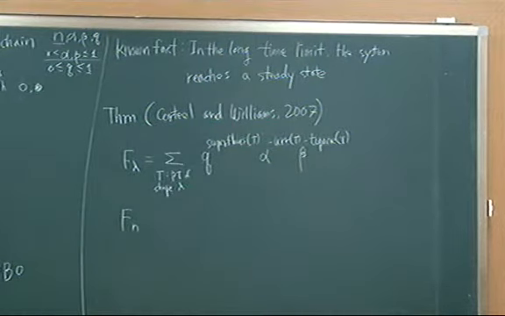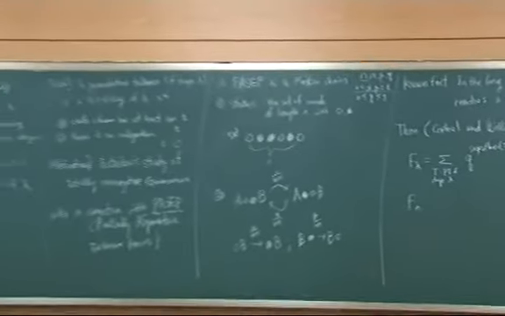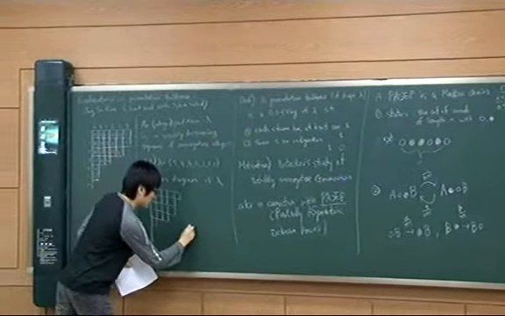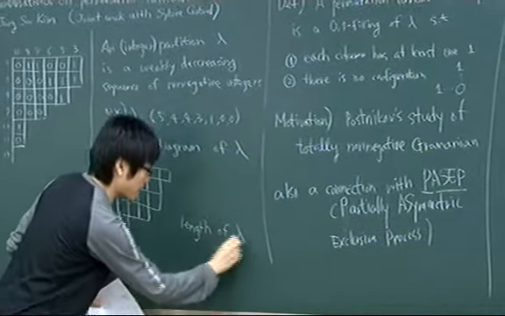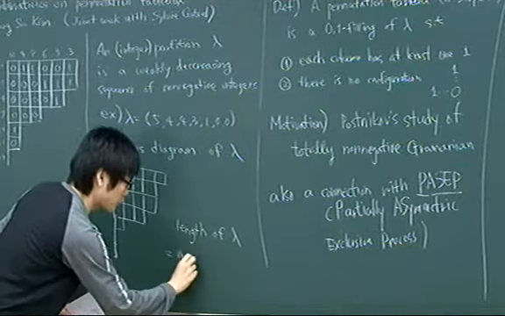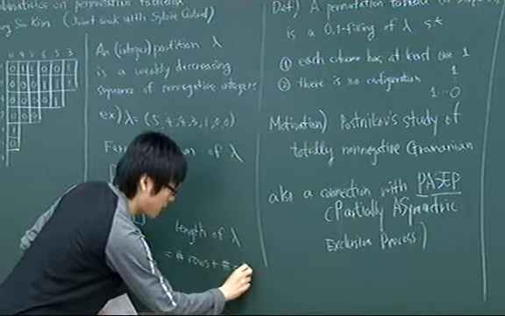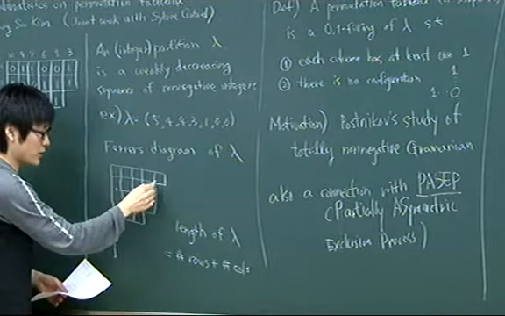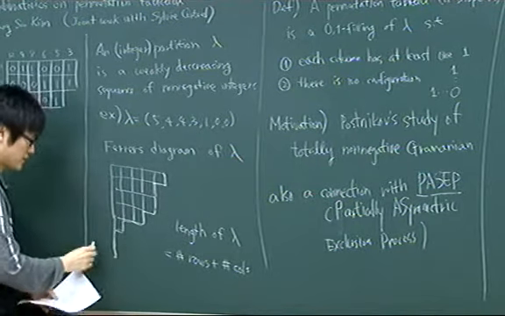Sorry, I forgot one thing. The length of this partition or Ferrers diagram is the number of rows plus the number of columns, so it's just the number of steps if you read in this way: 1, 2, 3, 4, 5, 6, 7, 8, 9, 10, 11, 12.